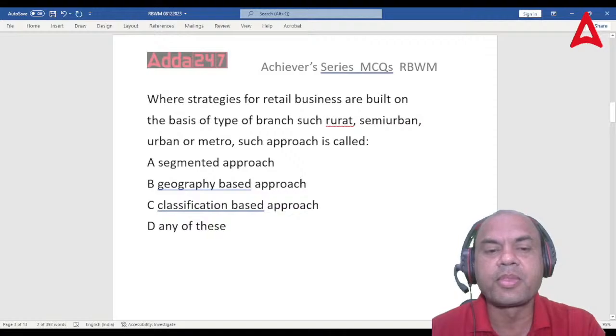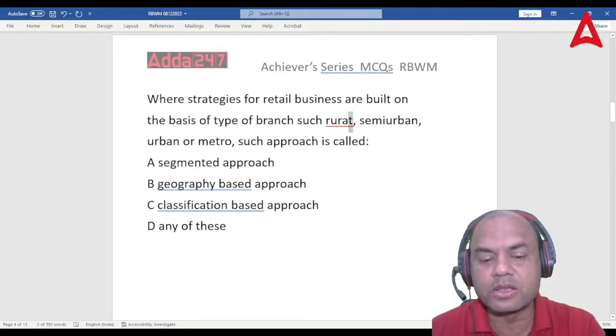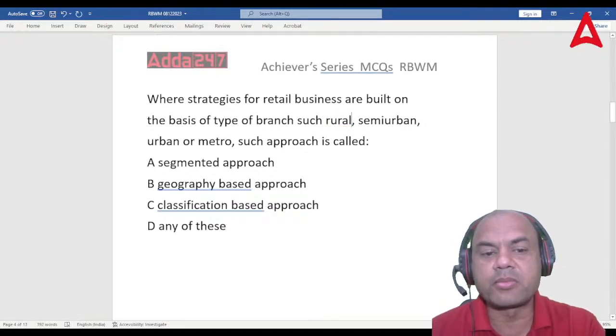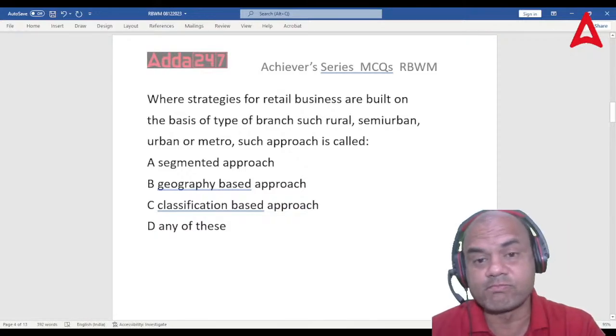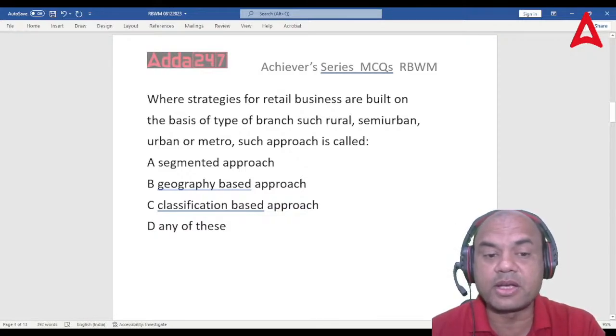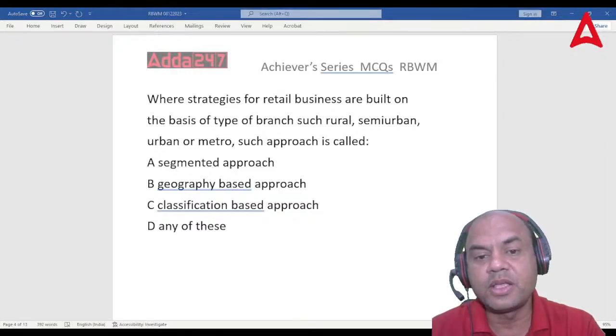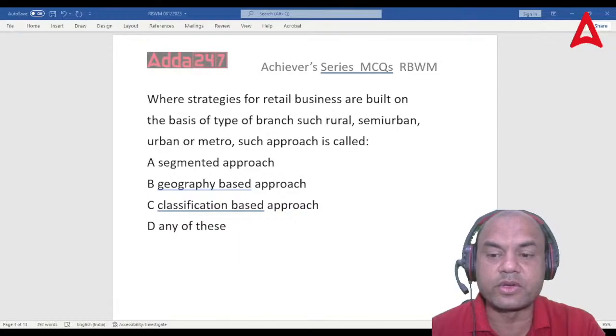Second one: where strategies of retail banking are built on the basis of type of the branch, such as rural, semi-urban, urban, metro, such an approach is called as what? I had cleared this also. Segmented, geography based, classification based, any of these. Now think over it.